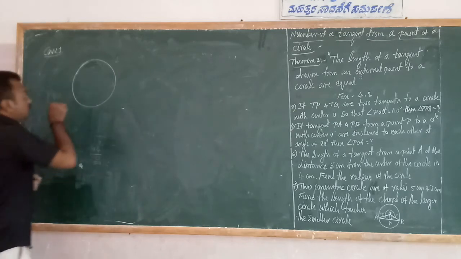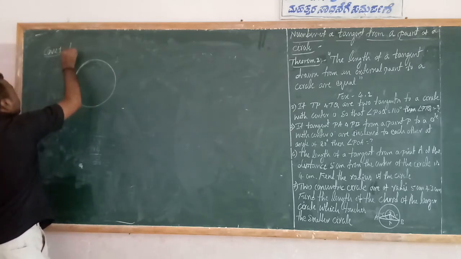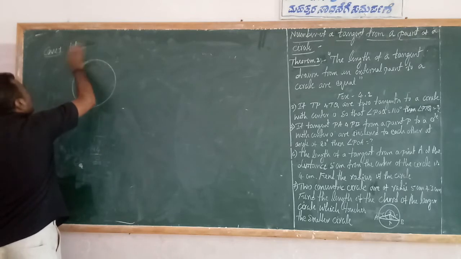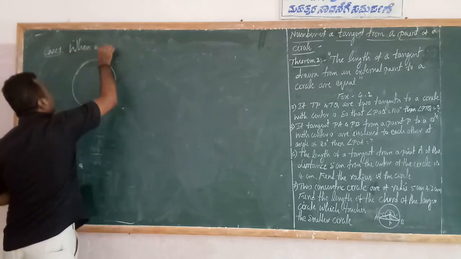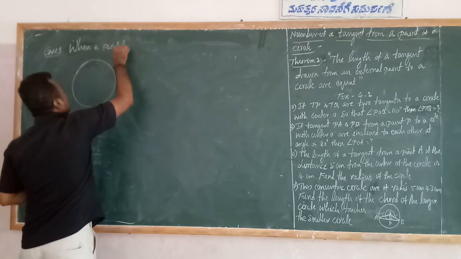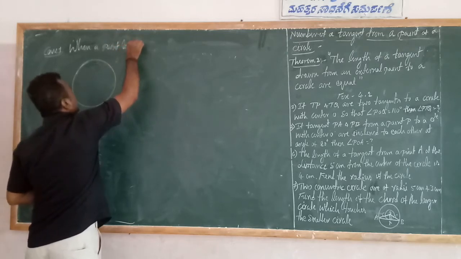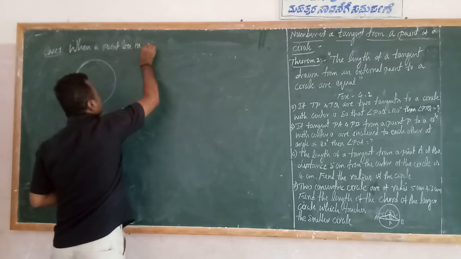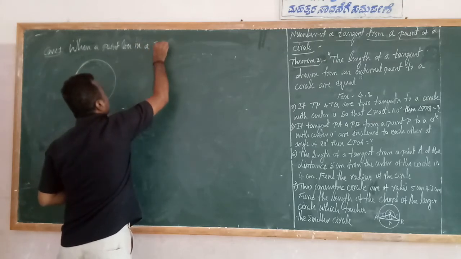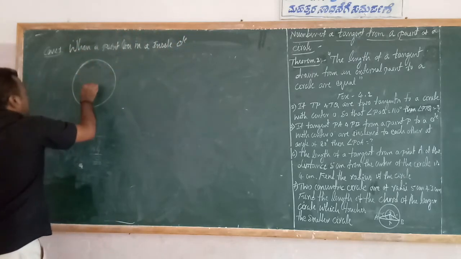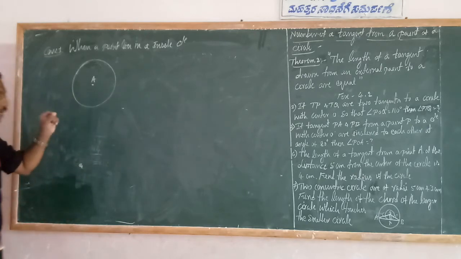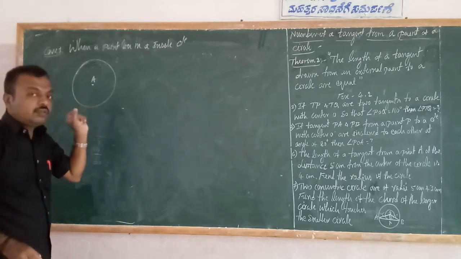Let us check it. First, I will take the case when a point lies inside the circle. So I am taking this as point A. From point A, can you draw a tangent to the given circle?